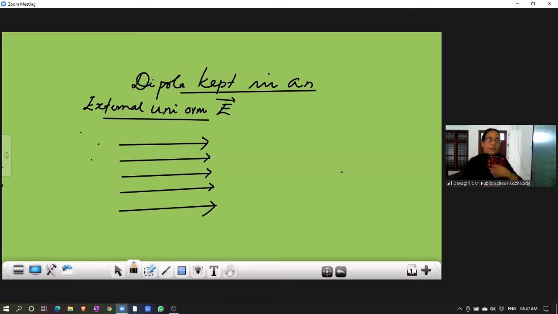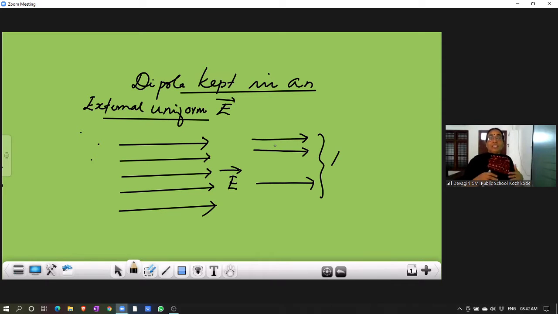Because you look at here. You learned as one of the properties of electric field lines that if field lines are dense, electric field intensity, magnitude will be high. So if you consider point here and point here, you see point A and point B. Here electric field lines are close to each other, more dense.